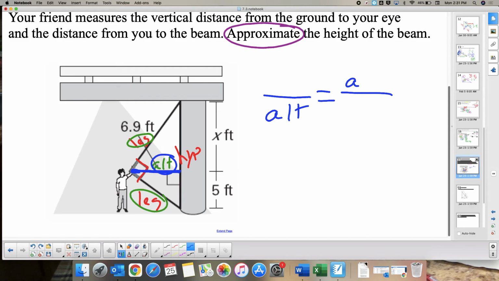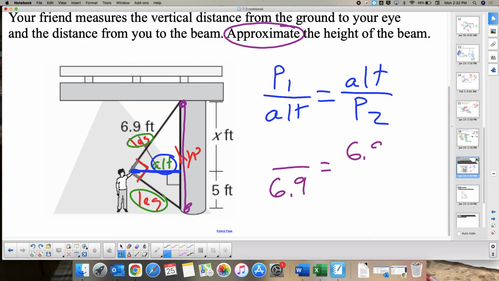That says it's the altitude that will go in twice, and then it is piece 1 and piece 2 of your hypotenuse. Well, that altitude breaks our hypotenuse into 2 pieces. There's your hypotenuse. So our altitude was 6.9. Piece 1 and piece 2 of your hypotenuse, that would be our x and our 5.